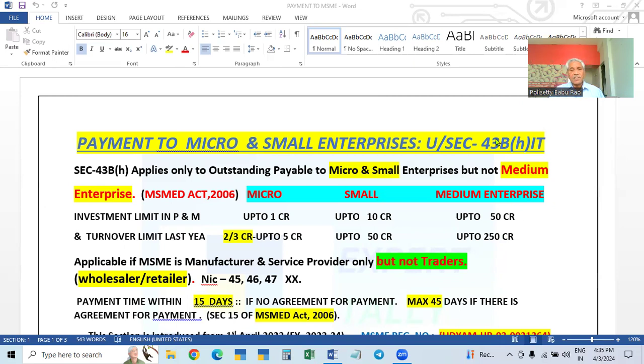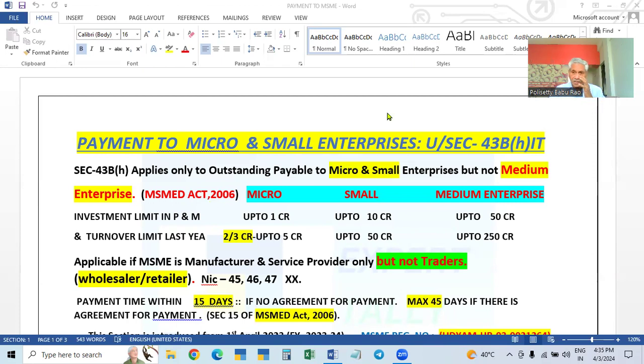In this case, the suppliers, that is the sellers, face lots of problems for not getting the money. They face problems related to working capital. Mostly these creditors are registered under the MSME Act, that is the Micro, Small and Medium Enterprises Development Act, simply called the MSME Act.